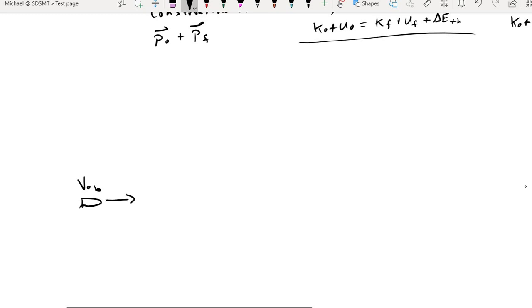So we have some unknown velocity for the bullet, but we're making these bullets. So one thing that we can control is how much mass that bullet is going to have. And I am not an expert in this field, so I'm going to Google the average size of a bullet.